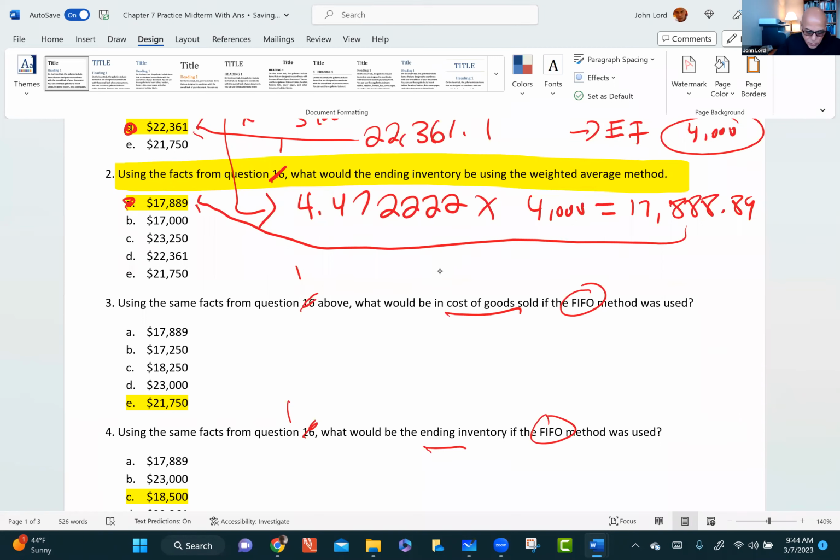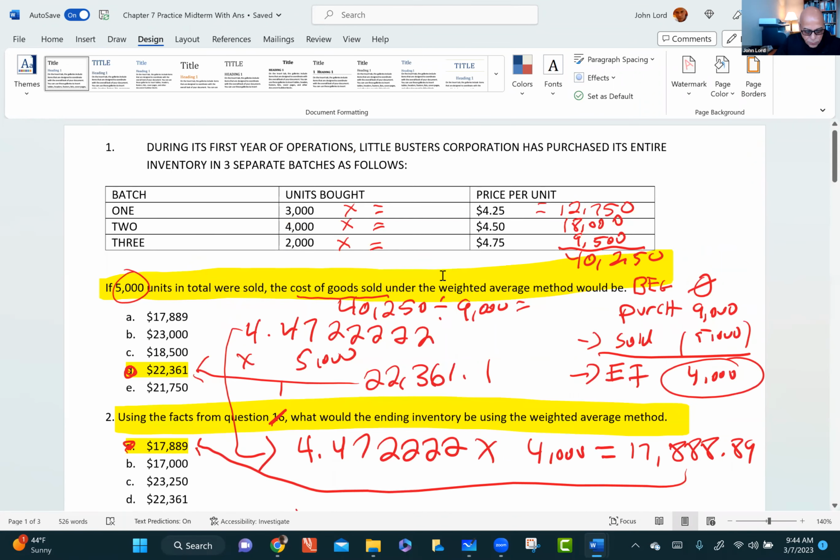Well, under FIFO, we say the first things they purchased are the first things they sell. I didn't put any dates on these, but let's say they bought these on 1/1, these on 1/15, and these on 1/30. So the order they purchased them was batch 1, batch 2, batch 3.